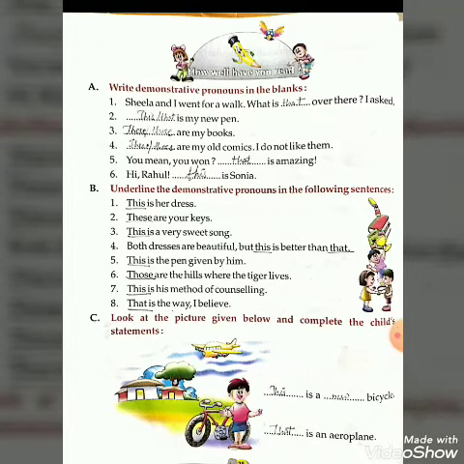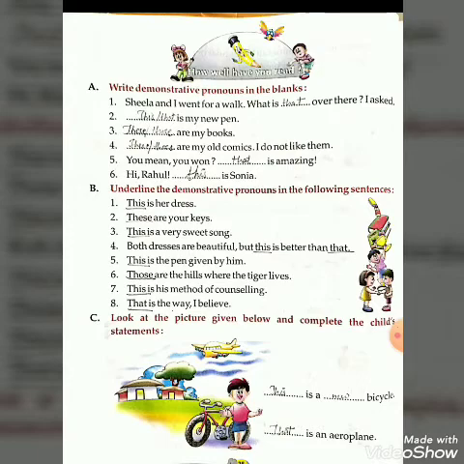Now seventh one, this is his method of counseling. Here demonstrative pronoun is the word this. Now eighth one, that is the way I believe. Here demonstrative pronoun is the word that.